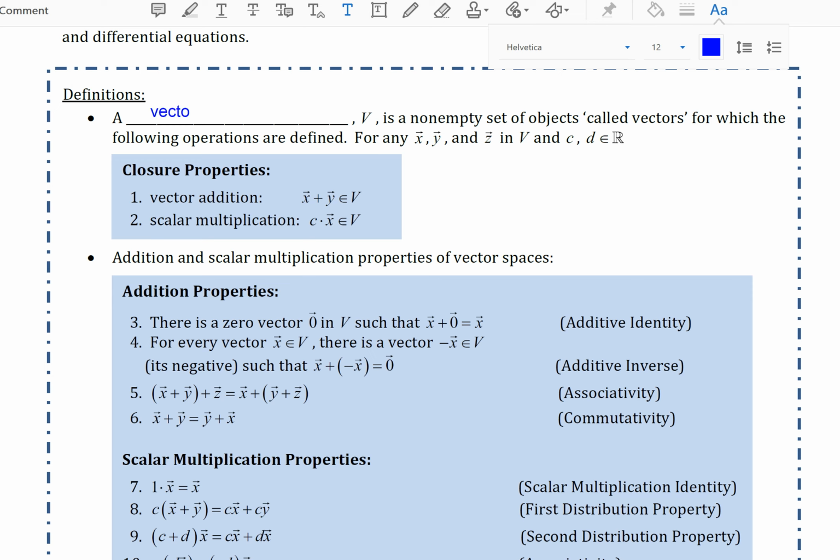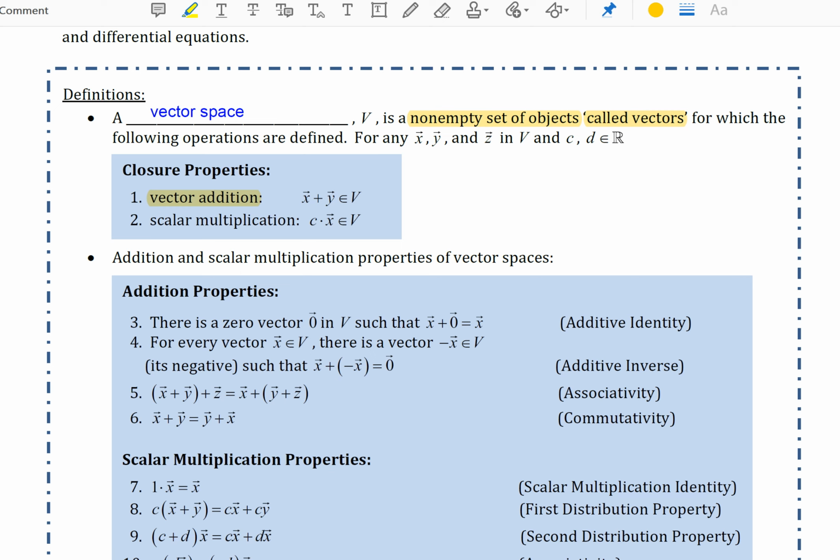A vector space, denoted capital V, is a non-empty set of objects, called vectors, for which the following operations are defined. For any x, y, and z in your vector space V, and c and d any real numbers, the vector sum x plus y is still in your space.